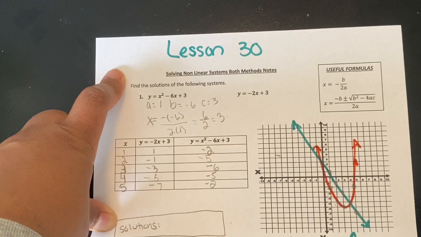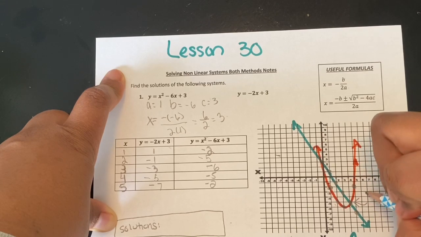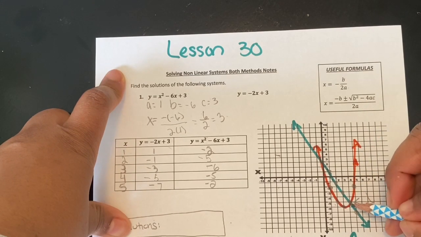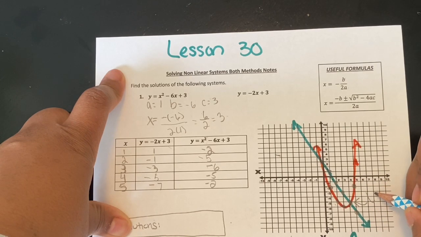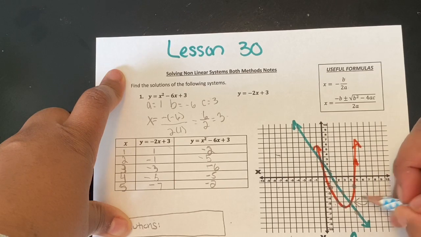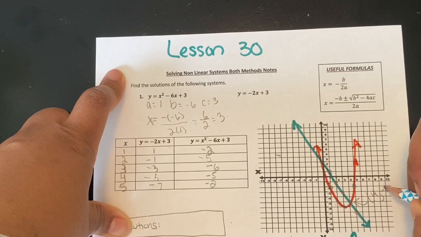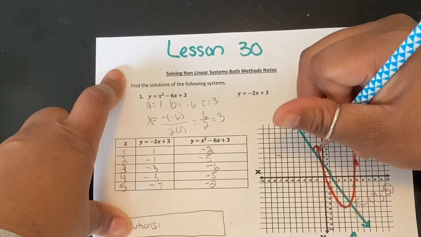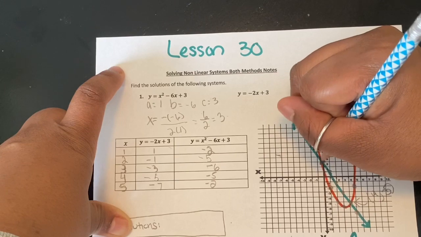So as we can see here, where they connect is where the solutions are. So that's the solution of 4, -5, and here, this should actually be right here, guys.